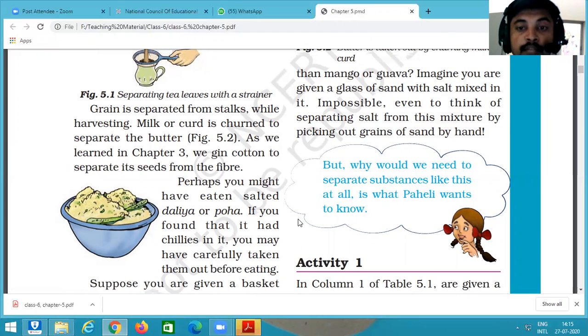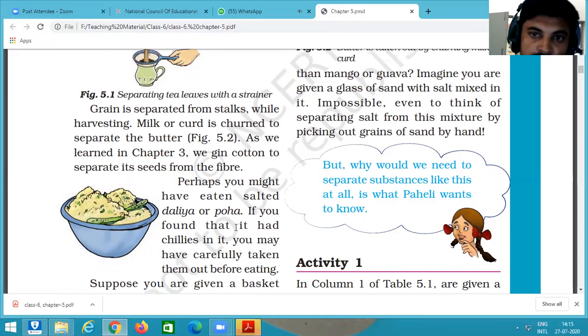And for example, we put mangoes and guavas in a bucket. If I told you to separate both fruits into different buckets, you usually pick the guava and put it into a separate bucket, and with the other hand you pick the mangoes and put them into a different bucket.